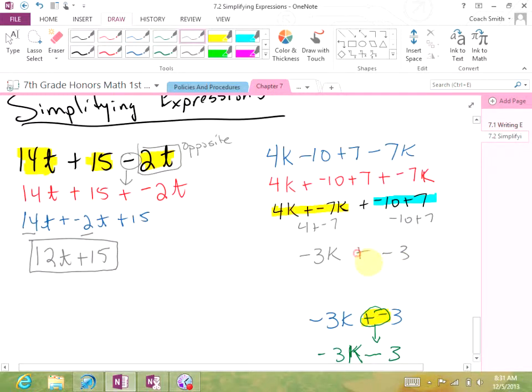And I put a plus sign there. Okay, that little plus sign just comes down. Okay, and that's how we got that answer right there. Okay, let's look at another one.